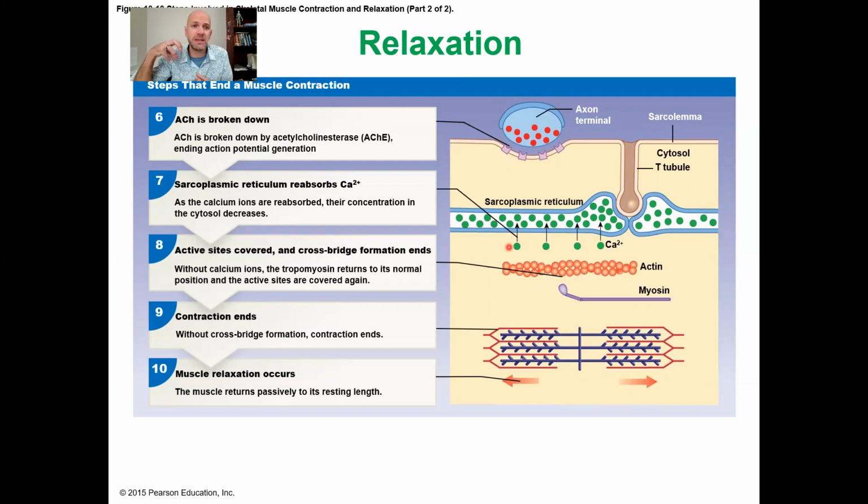It gets sucked back up into the sarcoplasmic reticulum, and so the concentration of calcium in the myofibril decreases because it's getting pulled back into the SR. And when calcium goes bye-bye, tropomyosin and troponin slide back in position, covering the binding site for myosin, and myosin has to let go. All those head groups let go, and the muscle can lengthen again.